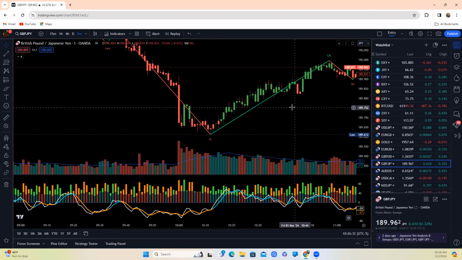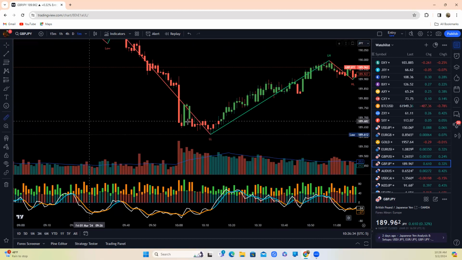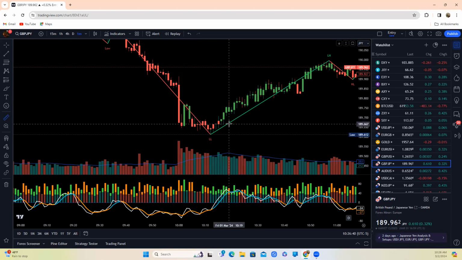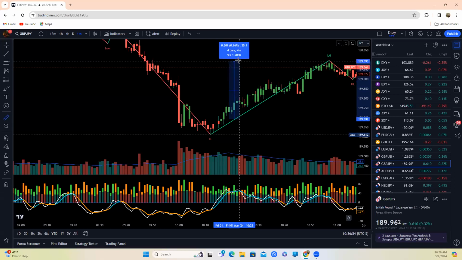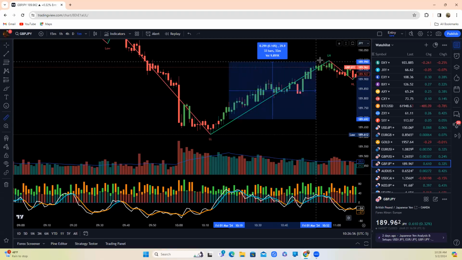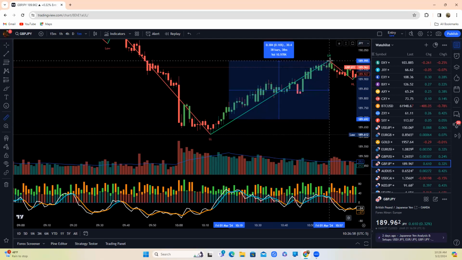And let's see, what did we end up getting? So we got in the market here, and we do see that it pulled back a little bit, which is to be expected. So before the market made any type of significant bearish turn, we had 17 pips, and then before it did anything later on, we got 30 pips.